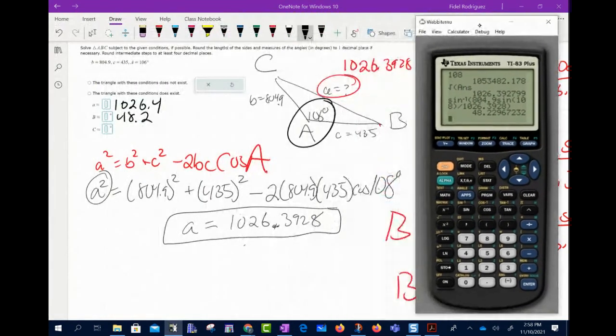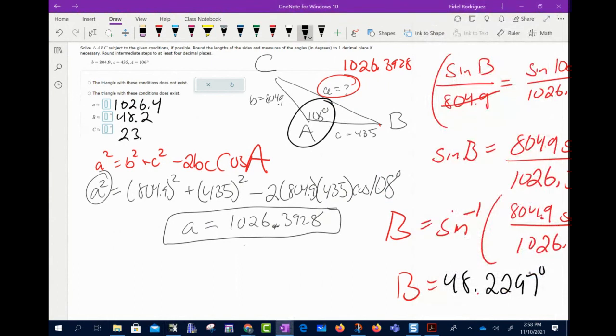So 48.2 plus 108 is 156.2. Now I'm going to go 180 minus my answer, and I'm coming up with 23.8 degrees.